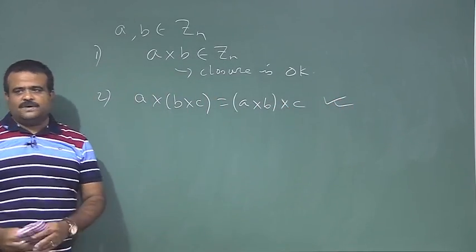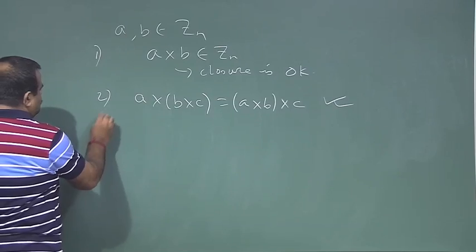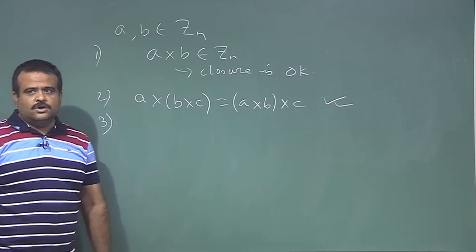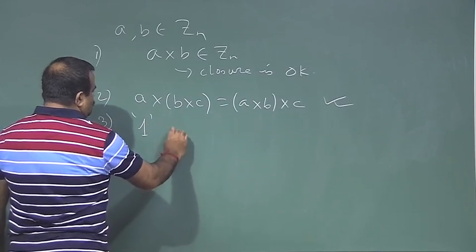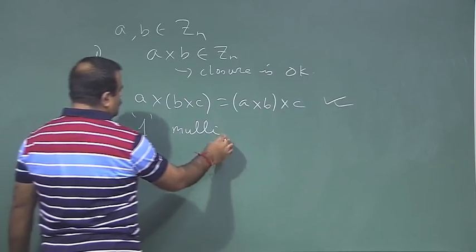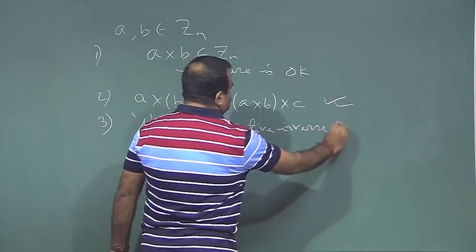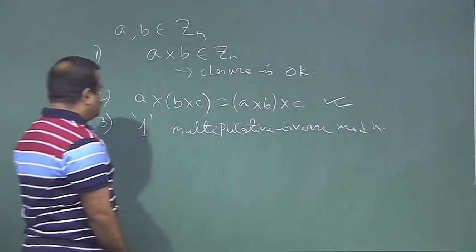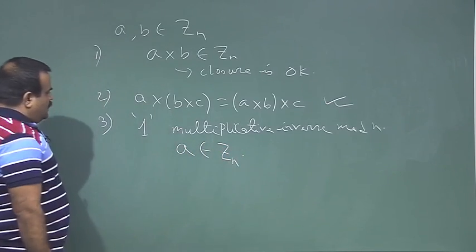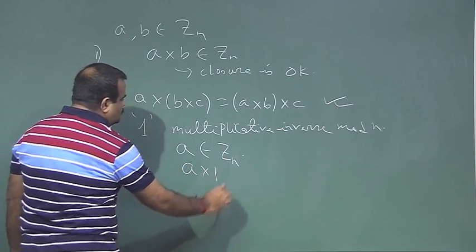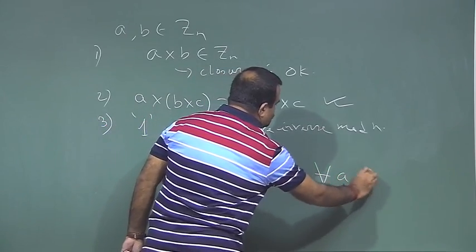This can be easily verified by the associative property of real number multiplication. Okay, now the inverse, so the existence of inverse. Do you have any element? One basically serves as the identity. If we take any element A from Zn and multiply it by 1, it gives us A, which is the same as 1 into A, and this is true for all A belonging to Zn.